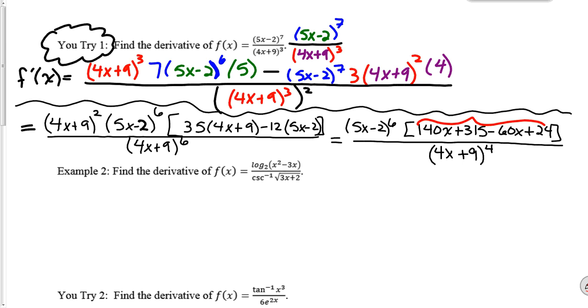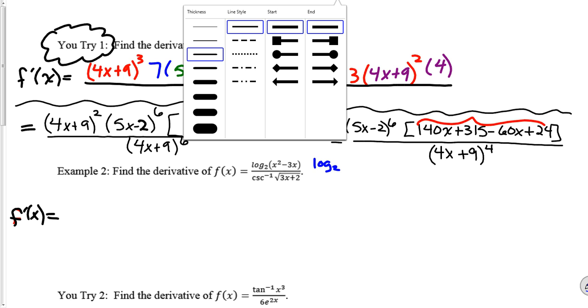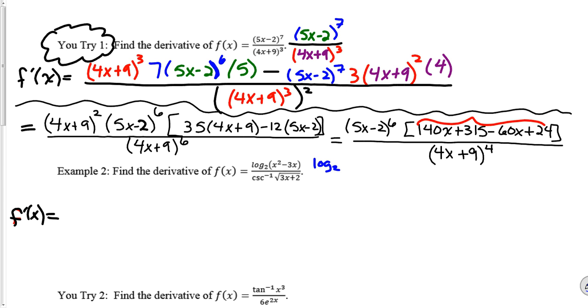So our derivative in this case, color. Let me transfer my top into some colors here. My top, the outer part, is my log base 2. Sorry, let me change my pen. And then my inner part is x squared minus 3x.